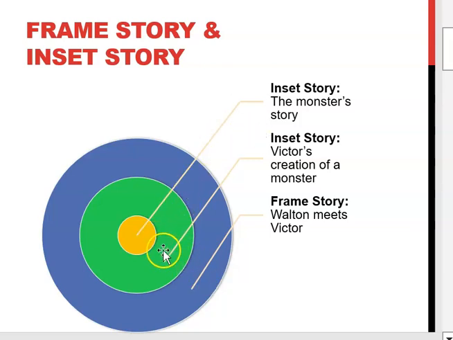So we have almost three parts to this narrative: Walton and his journey to the North Pole, his meeting of Victor. Then we have the inset story of Victor creating the monster. And then we'll also have the inset story of the monster's side of what he went through from his creation onward. So we get this story within a story within a story of Shelley's novel.